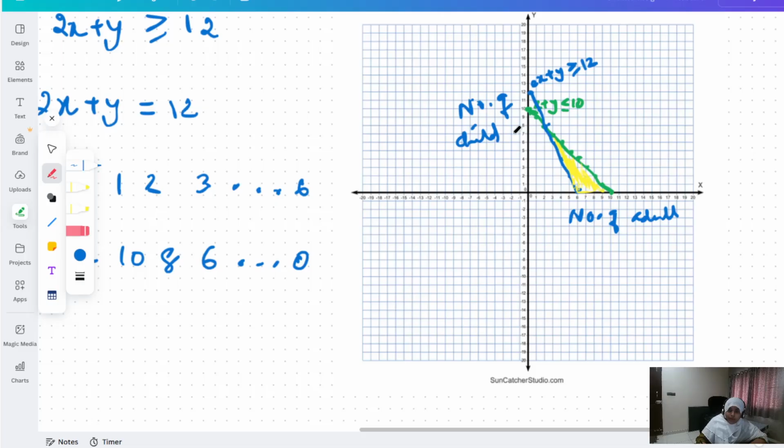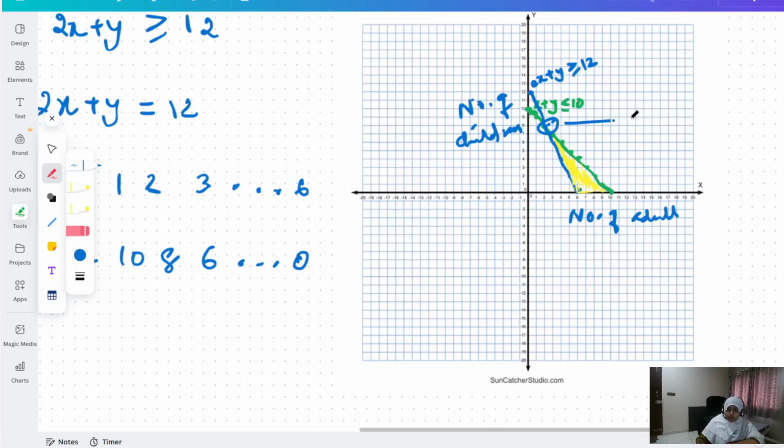So what they are asking is, what is the minimum value for the number of adults who can travel. When you check the x axis, the smallest value that is shared by both the inequalities starts from 2. This is the value that is shared by both inequalities. So that should be the number of adults.